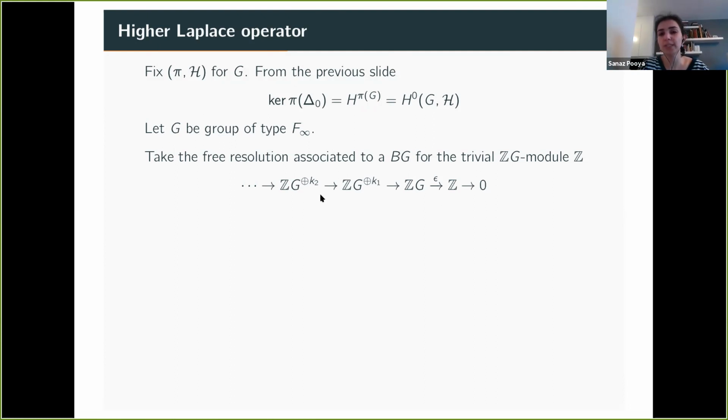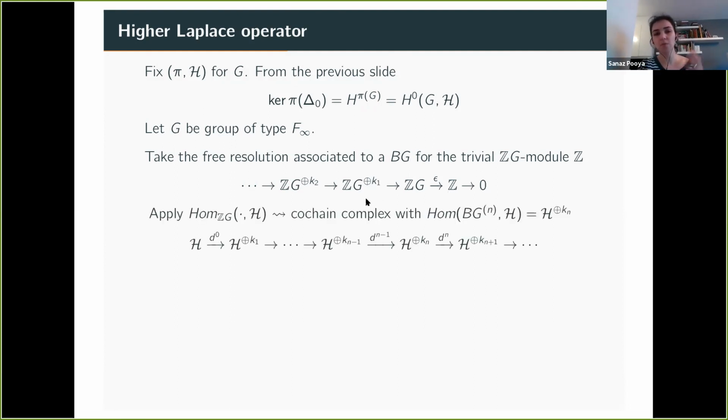So we get by standard such a resolution where the number of direct sums corresponds to the number of cells in each degree. Now we apply the Hom functor, and then we get a cochain complex where we can identify terms by a number of direct sums of Hilbert spaces. This index is the same as what we had before here, and then we get a cochain complex in this form.